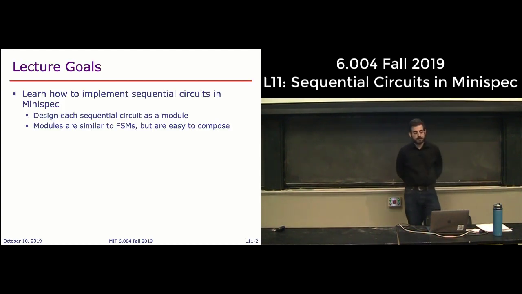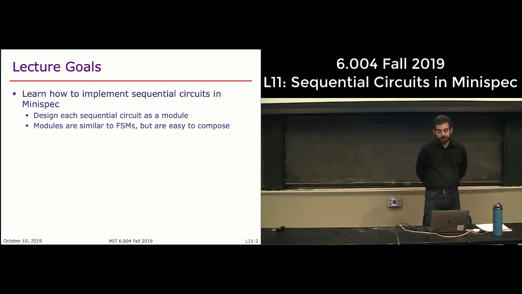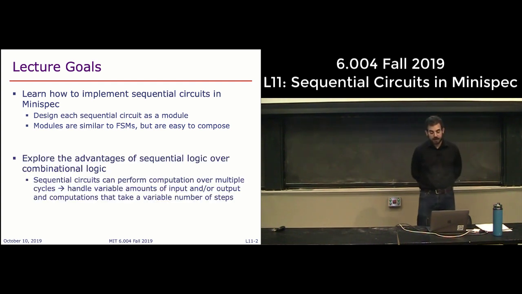In the first part of the lecture, we'll see how to implement sequential circuits in Minispec. And Minispec lets you design each sequential circuit as a module, which is an entity that's similar to a finite state machine, as we saw in the last lecture. But it has some additional structure that makes it easy to compose. And we'll see that that's really important. That makes the designs very easy to compose and very easy to have large designs.